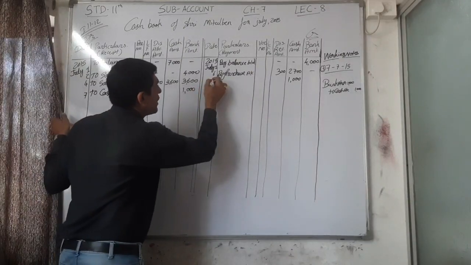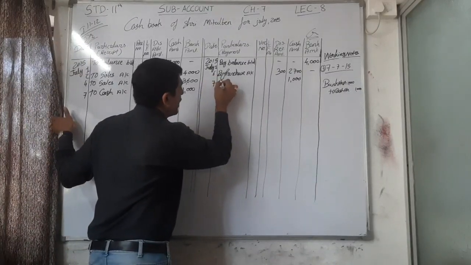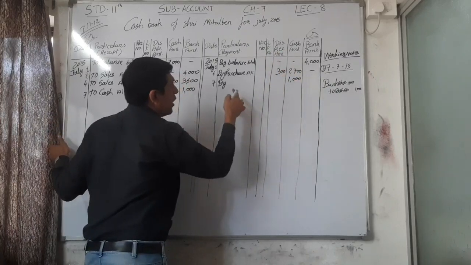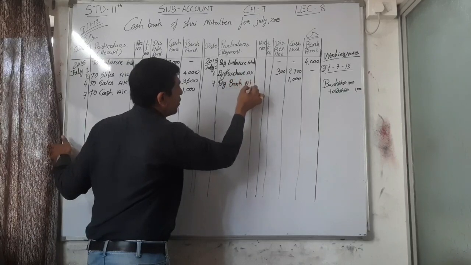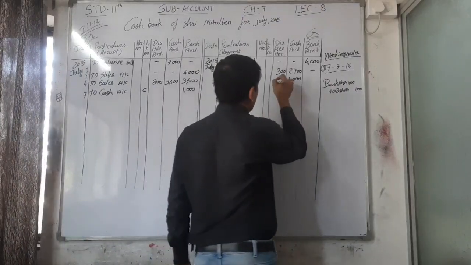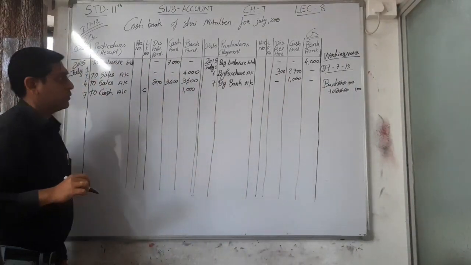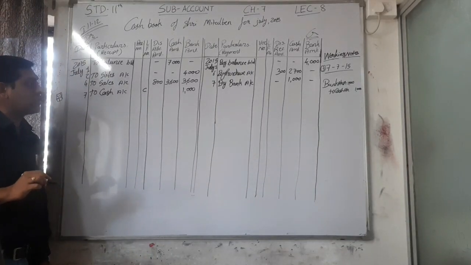Again 7/7, that's why on the credit side, by, here we are writing in the cash column, that's why we have to write down by bank account. Okay, so here the contra entry is over. Please write down these first.